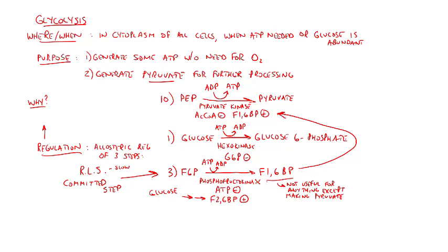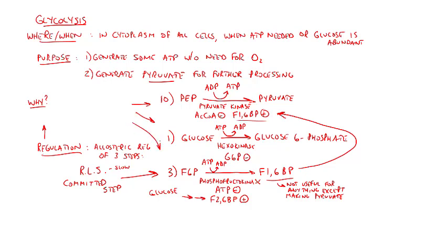So for that reason, if you carry out this reaction, you are basically committed, right? You are stuck with this fructose 1,6-bisphosphate, which is not useful for anything else except for allosterically activating the last step of the pathway.